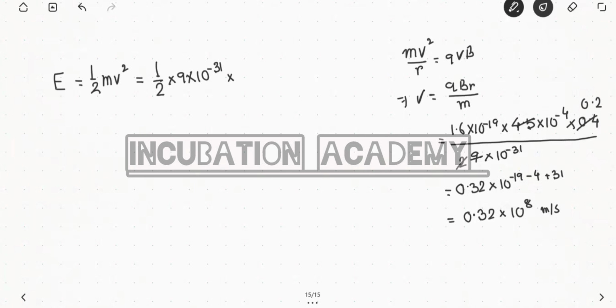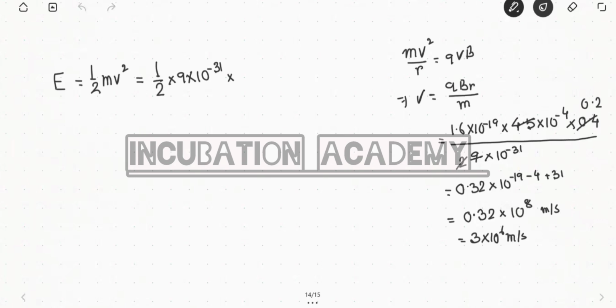So we can say it is also 10 to the power 8 meter per second. So 0.32, actually the value is not 3. So we can say it is 3 into 10 to the power 6. After proper calculation we have obtained that the order is 10 to the power 6, which means it is not relativistic at all.